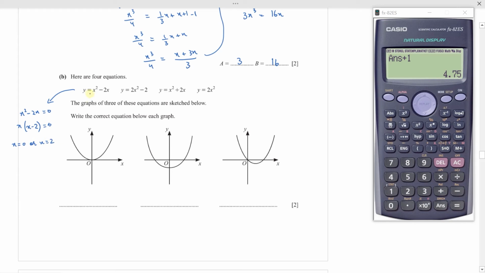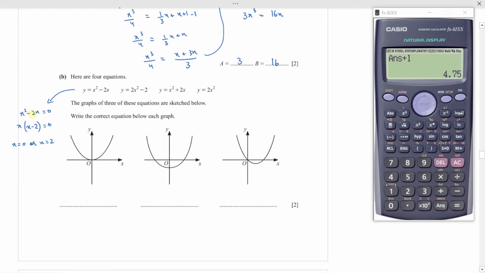So that means the curve for this equation will intersect the x-axis at x equals to 0 and x equals to 2. So this looks like a sketch where the curve is intersecting the x-axis at x equals to 0 and x equals to 2. And you can double check as well.